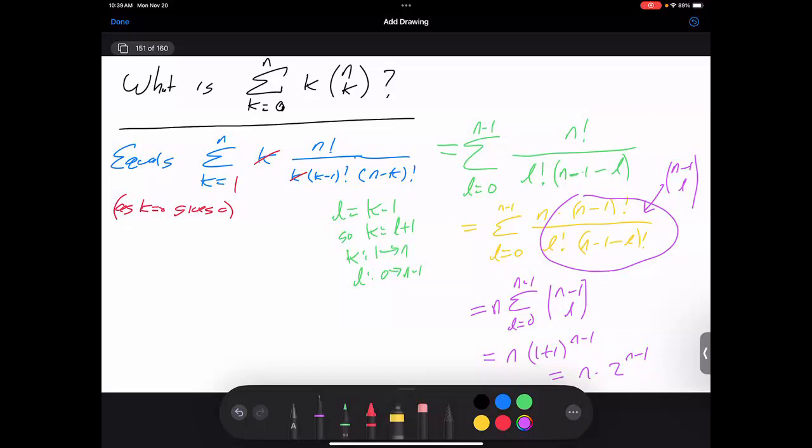Why can't it be correct? Exactly what's changing in the form. So I'm actually expecting that this should have been n times 2 to the n.